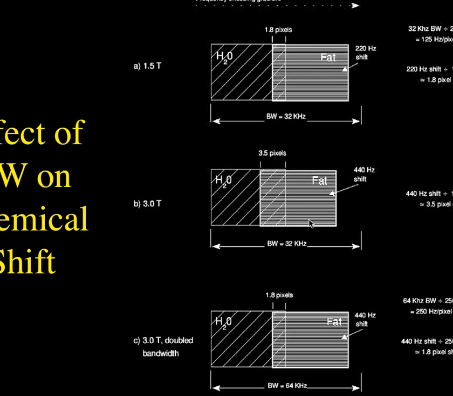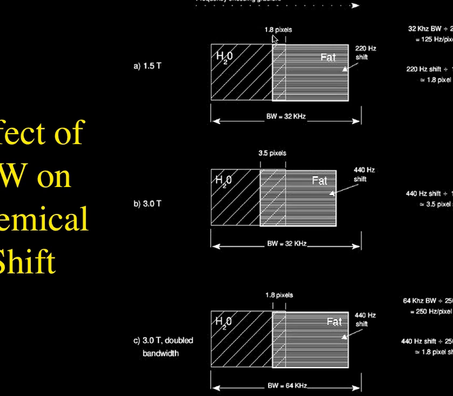Now, if we do the same image where we do a 32 kilohertz bandwidth and we have a 256 matrix, then each pixel is again 125 hertz. But up here, the 220 hertz of chemical shift overlap came out to be 1.8 pixels.